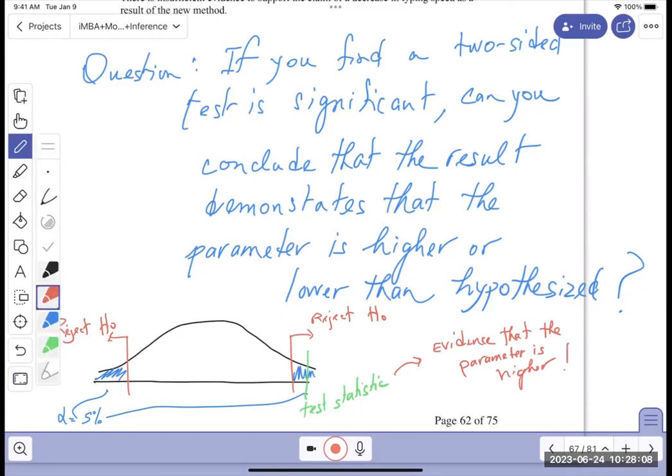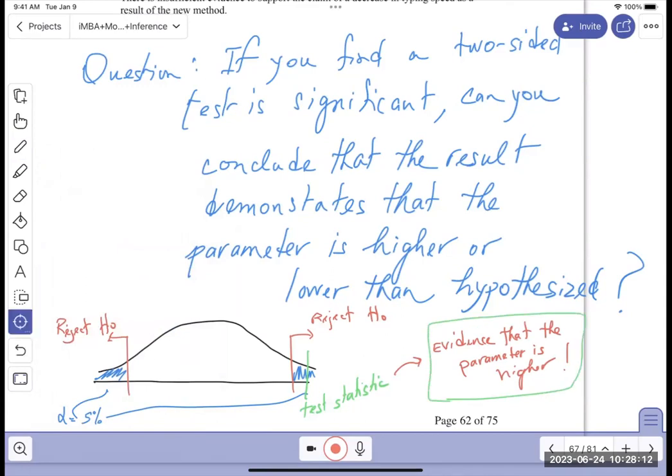This is evidence that the parameter is higher than hypothesized, because if I do the one-sided test, it's just going to be on the one side, and it's going to have 5% on the right side. So this will still fall in the 5%. So it gives you the result for the two-sided test and automatically the result for the one-sided test.